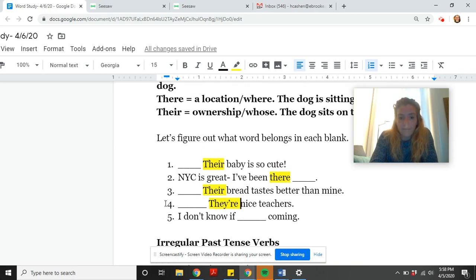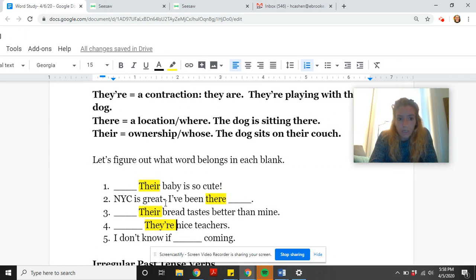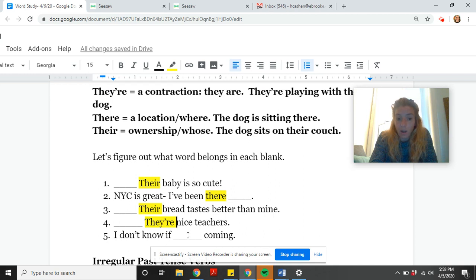All right, number 5. I don't know if they're coming. Hmm. Could we say, I don't know if they are coming? Yes, we could. Let's check the others. Could that answer a question about where, like a location? No, it couldn't. So it must not be there. Could it answer a question about whose, like who owns it?